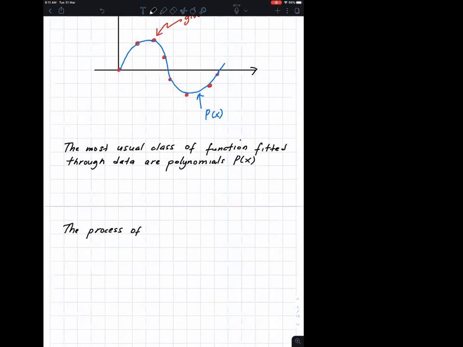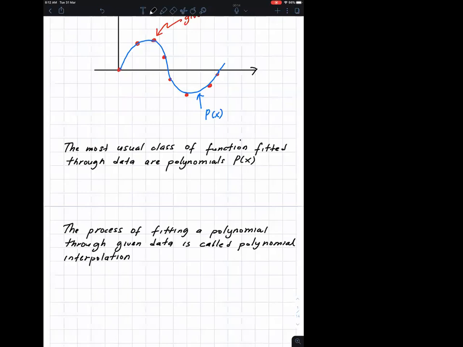The process of fitting a polynomial through given data is called polynomial interpolation.